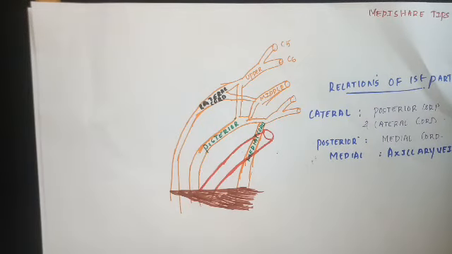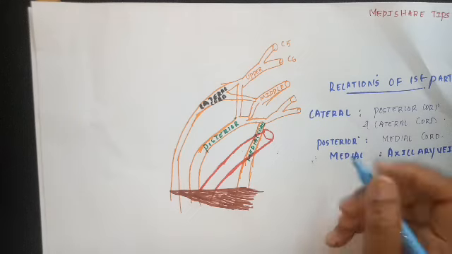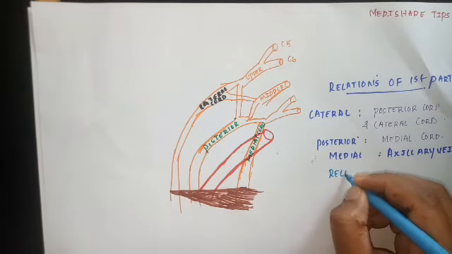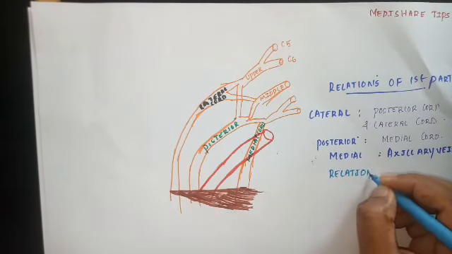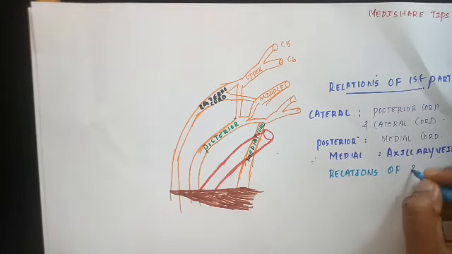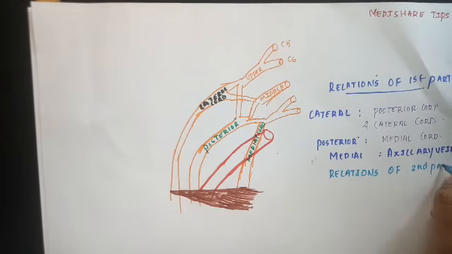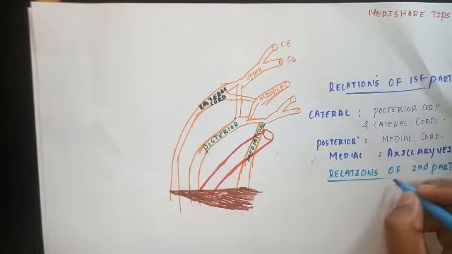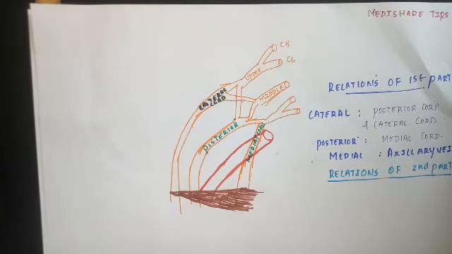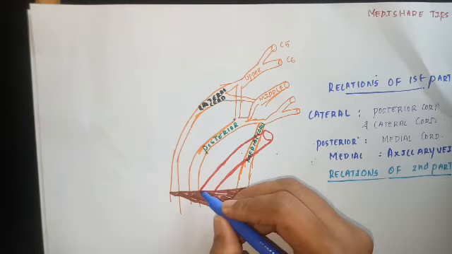Now we'll discuss about the relations of the second part. The relations of second part of axillary artery are quite easy because the cords are arranged according to their names with respect to the axillary artery in the second part.